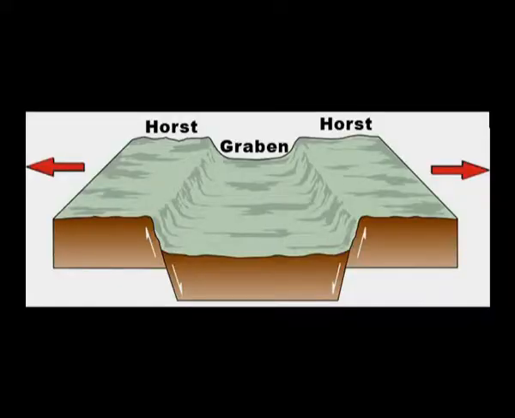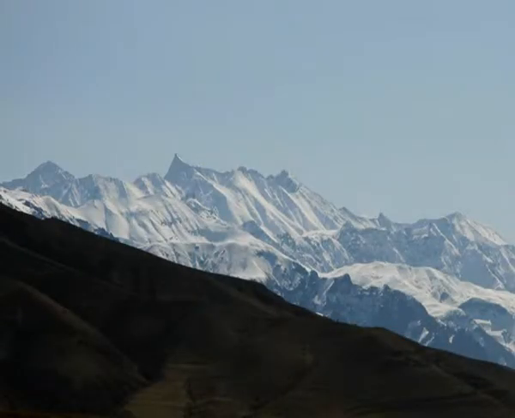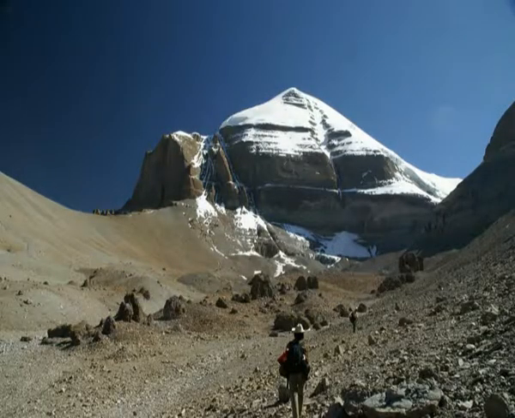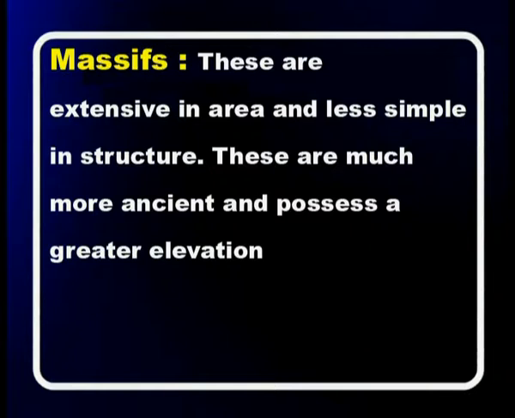As an example, the Harz Mountains in Germany. The other landform associated with the block mountain is massifs. These are similar to horsts, but these are bigger in extension. These are extensive in area and less simple in structure. These are much more ancient and possess a greater elevation.